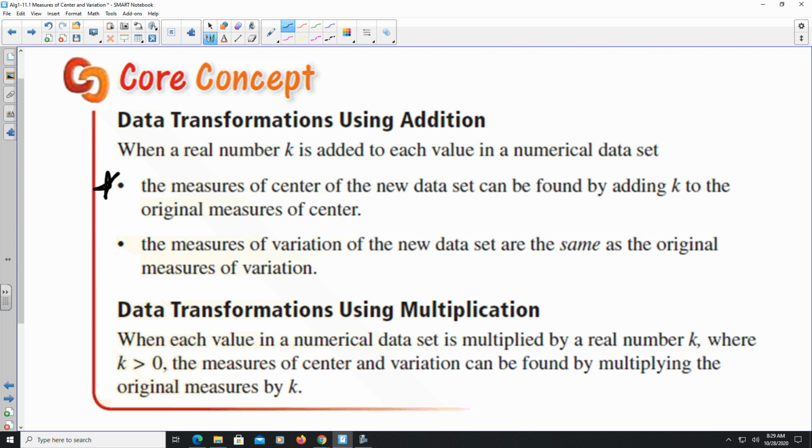The measures of variation of the new set of data are the same as the original measures of variation. What that is telling us is that for anything like the mean, median, or mode, you are going to add whatever that is.